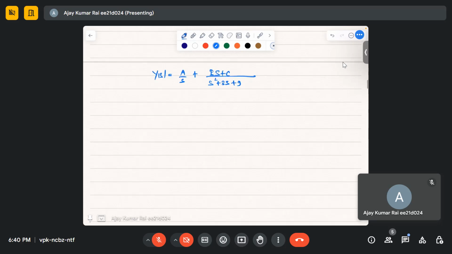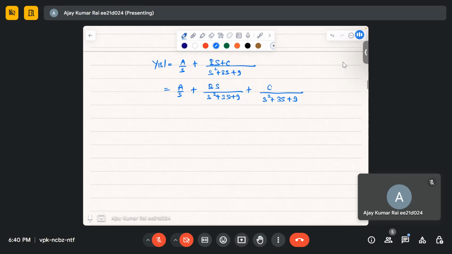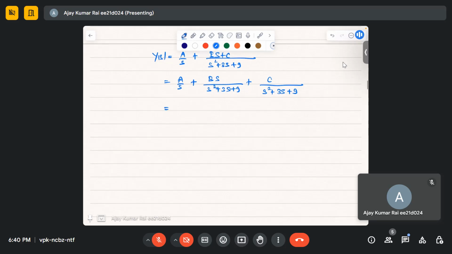Again, I'll not solve for a, b, c, but I'll show how to calculate the frequency. We'll write the denominator in terms of (s plus 3 by 2) square plus 9 minus (3 by 2) square.